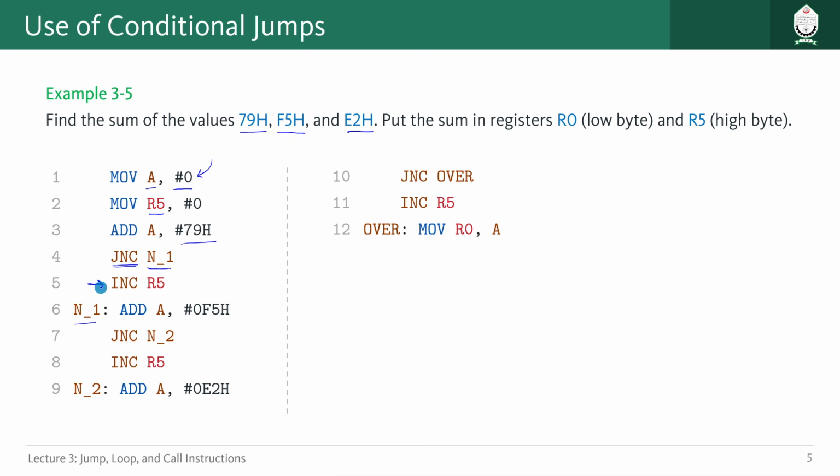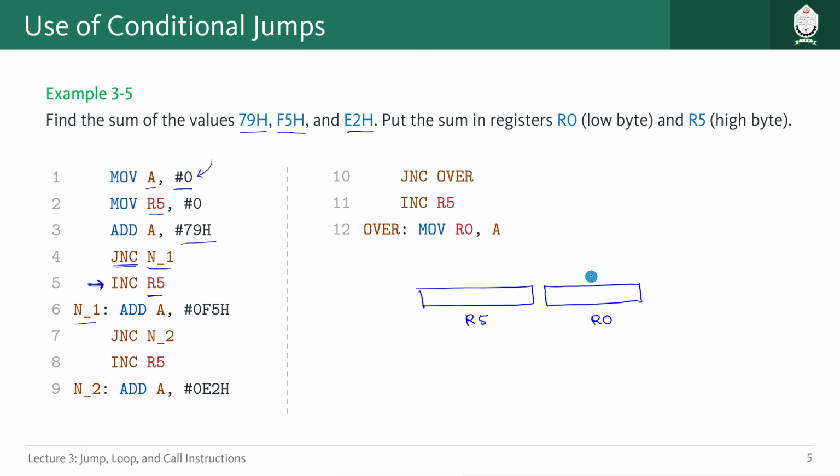That is the idea. So if carry happens, we are going to increment the value of R5, which is actually storing the higher bytes of our result. So R5 will store the higher bytes and the lower bytes will be saved by R0.